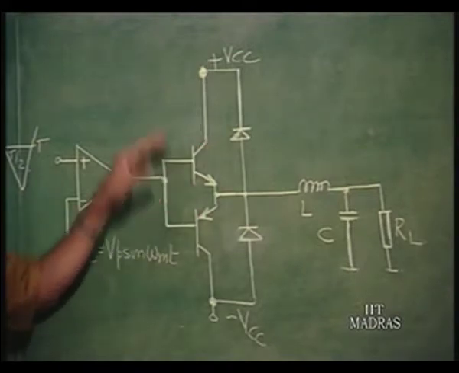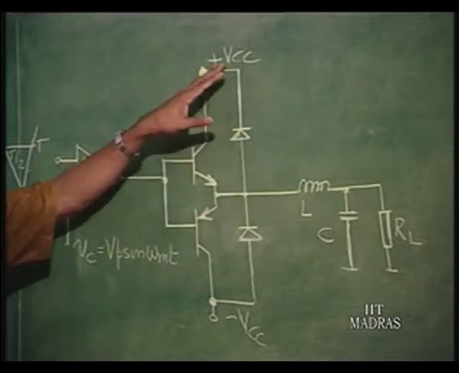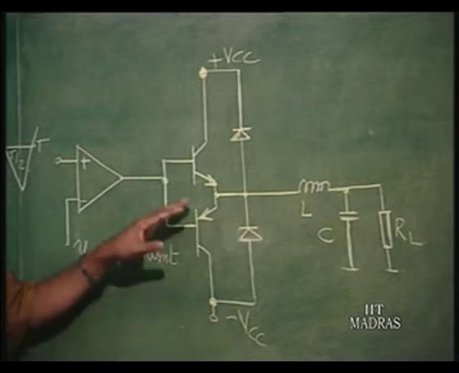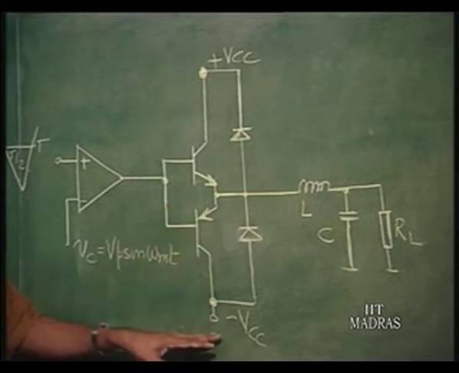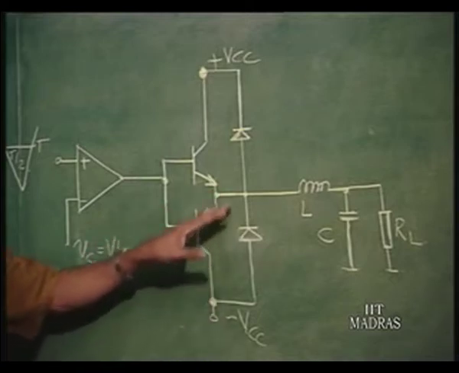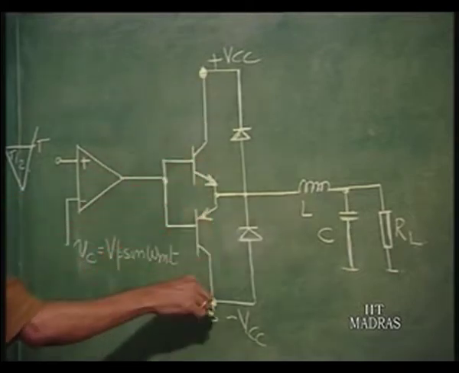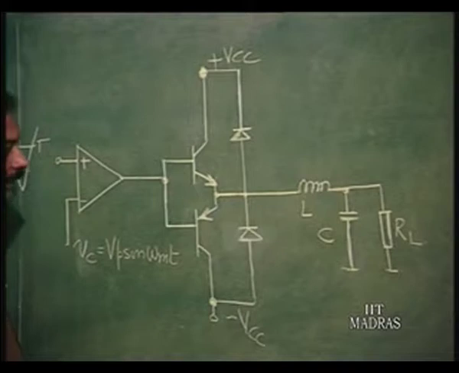So, when this goes to plus Vcc, this will be very nearly going up to plus Vcc here, and when this goes to minus Vcc, this will go up to minus Vcc here. So, these are two switches, one will connect it to plus Vcc, another will connect it to minus Vcc, complementary, right.